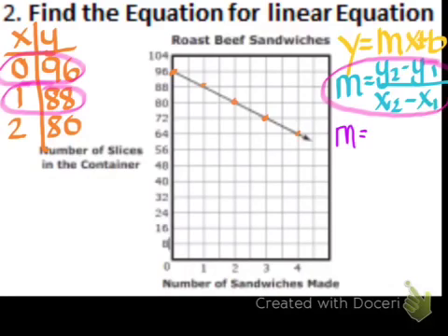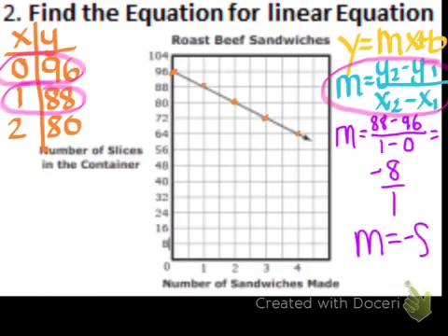Our y2 for this example would be 88, minus y1, which is 96, and that's going to be all over x2, I'm sorry, which is 1, minus x1, which is 0. And we need to simplify that, so 88 minus 96 is equal to negative 8 all over 1, so our slope is negative 8.